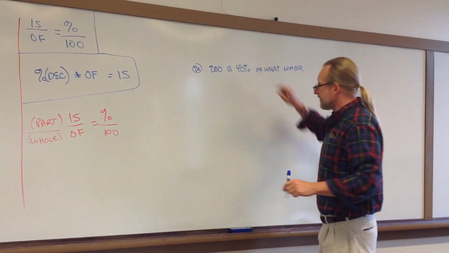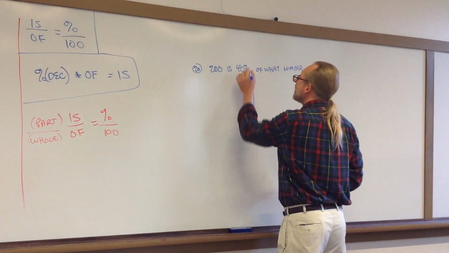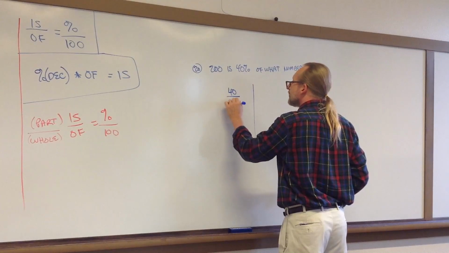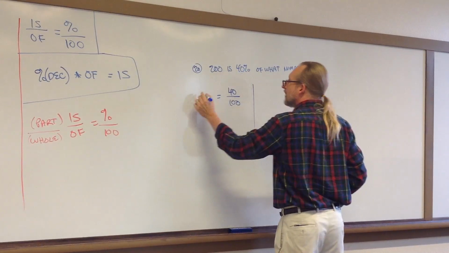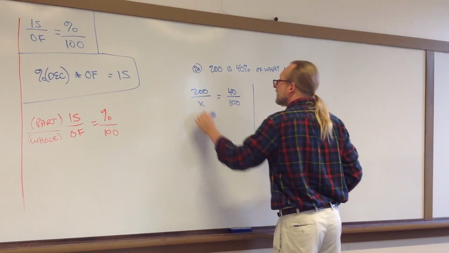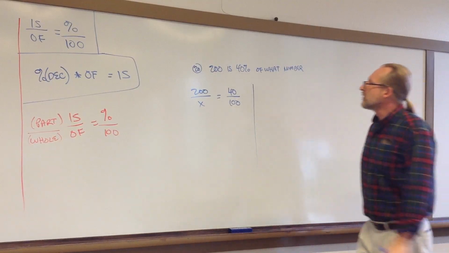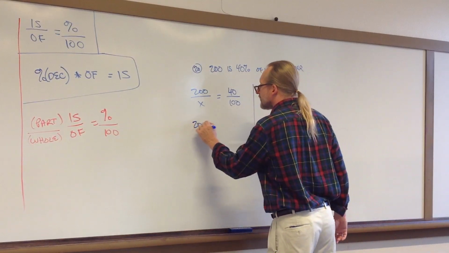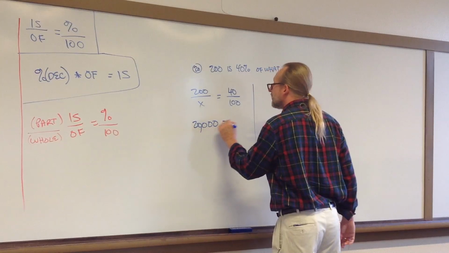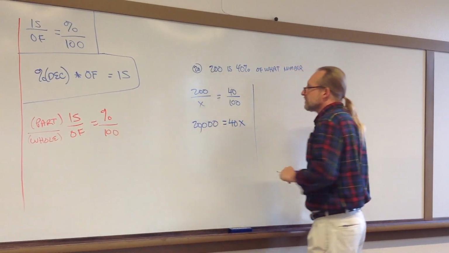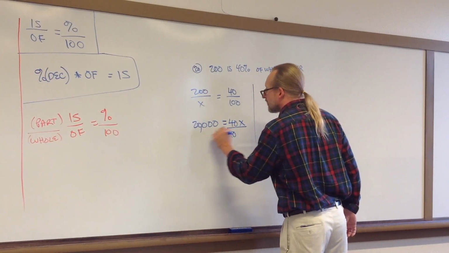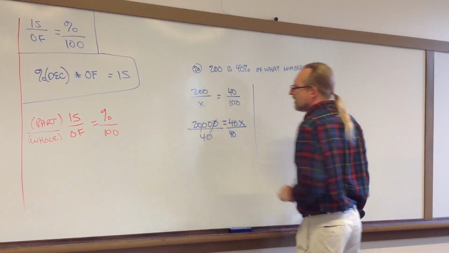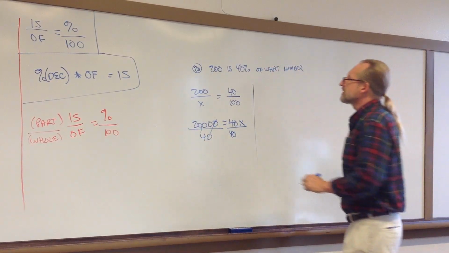That says that we're looking for the of in this one, right? We've got the percentage here, 40 over 100. 200 is, and then we're looking for the of. So we're going to go 200 times 100 equals 40 times x. And then we'll just divide on both sides by 40. And let's see, what is that going to give us? I think 500.